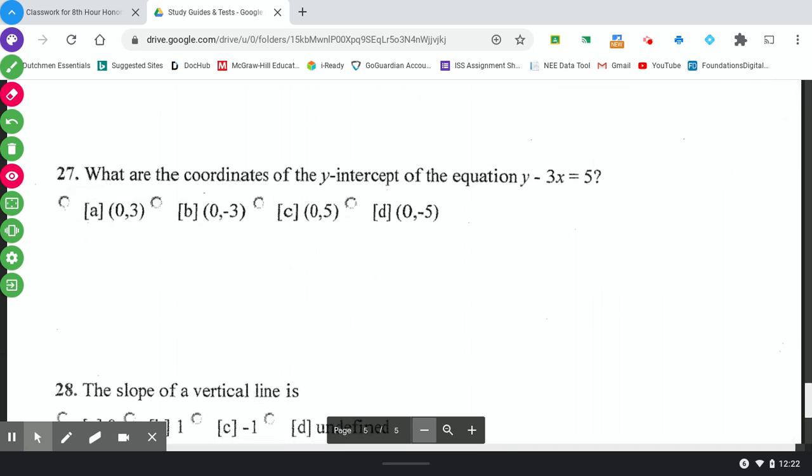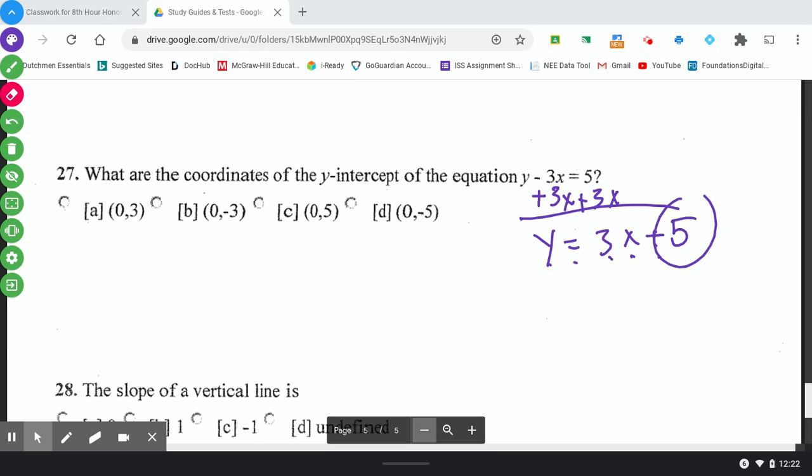27, it says, what are the coordinates of the y-intercept of this equation? So we have to get it into y equals mx plus b, and then we can find the y-intercept pretty simply. So if I add 3x to both sides, it's going to be y equals 3x plus 5. So there's our y equals mx plus b.